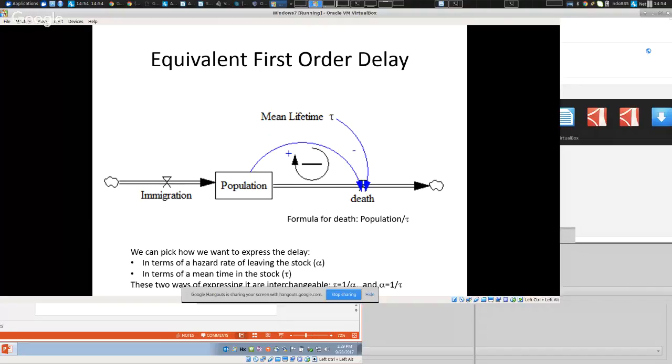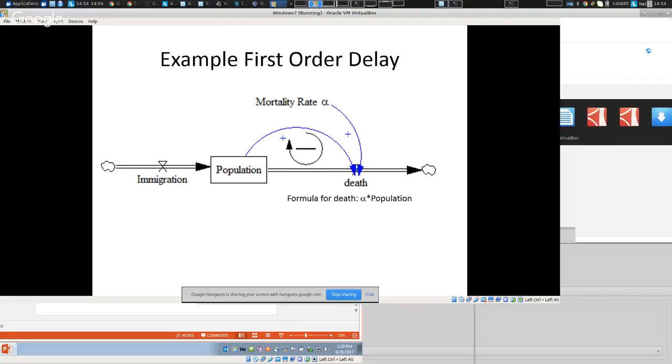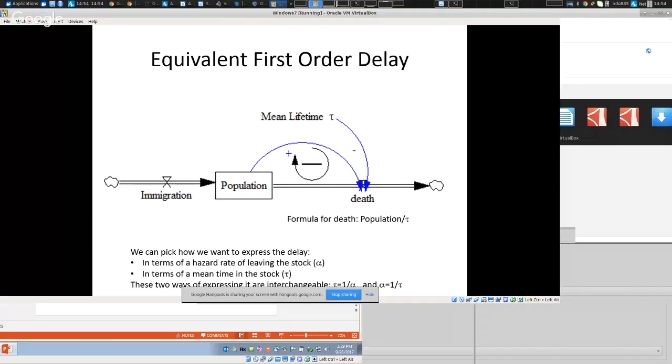Ladies and gentlemen, what that implies is that the mean time in that stock here is just 1 over the hazard rate of leaving that stock, and vice versa. Or it's proportional to that. We actually have a proof later that it's in fact exactly that alpha equals 1 over tau, or you could phrase it as tau equals 1 over alpha. And the dimensions all make sense.